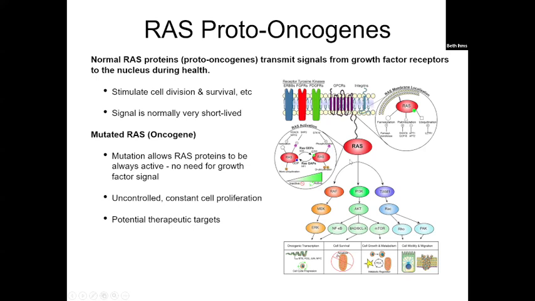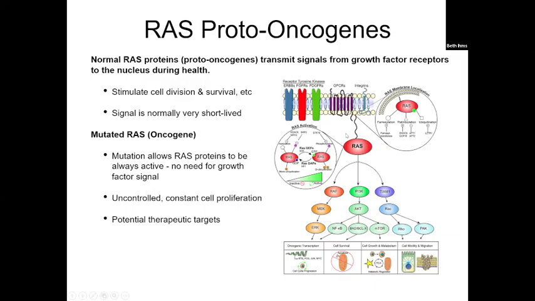So if RAS is mutated with a gain of function, we don't have any need for these growth signals or receptors. We can just ignore them and just RAS away, right? I can just proliferate. I don't need the body's growth signals anymore. I am now autonomous growth.